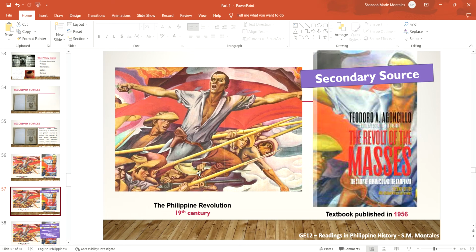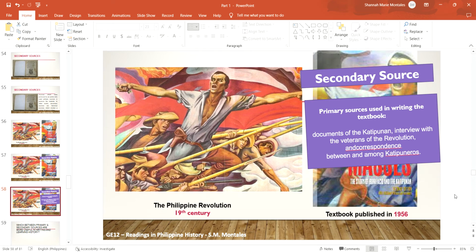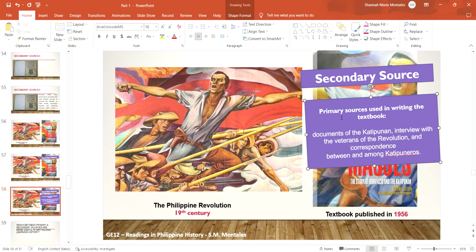So, in writing his book, Agoncillo used primary sources. Okay? Since this is a secondary source that is a product of the primary sources used by the author Agoncillo, we have the following primary sources used by Agoncillo in writing the textbook: documents of the Katipunan, interviews with the veterans of the revolution, also correspondence or letter exchanges between and among Katipuneros.